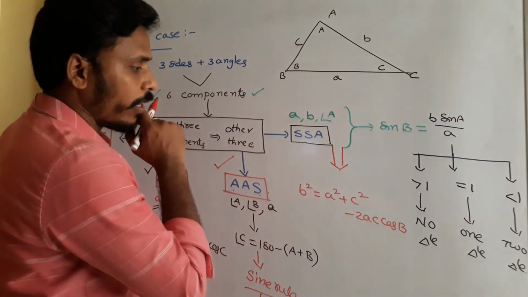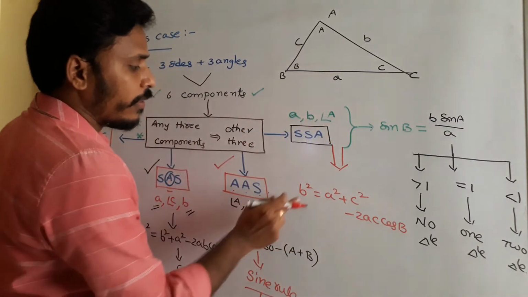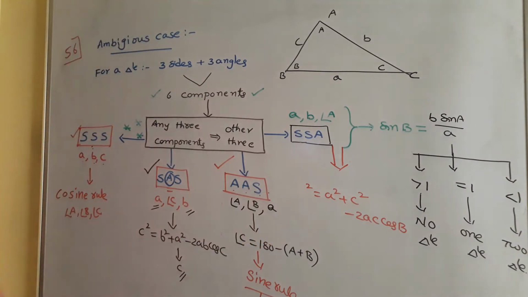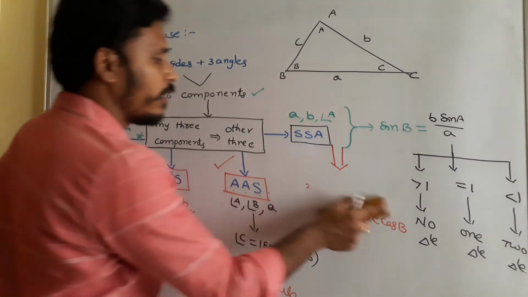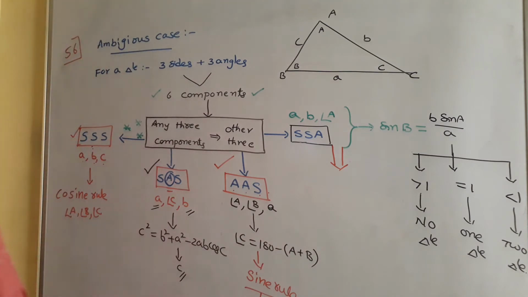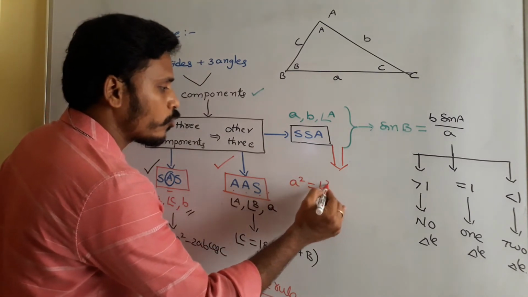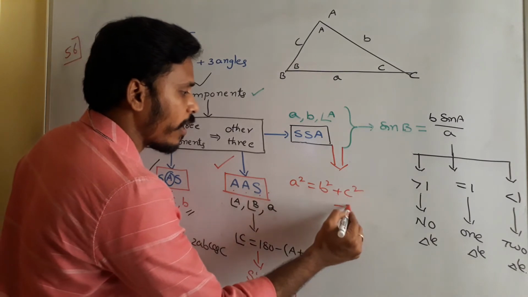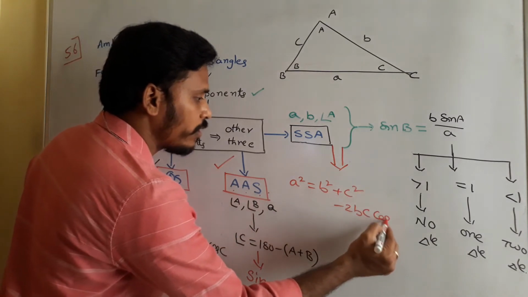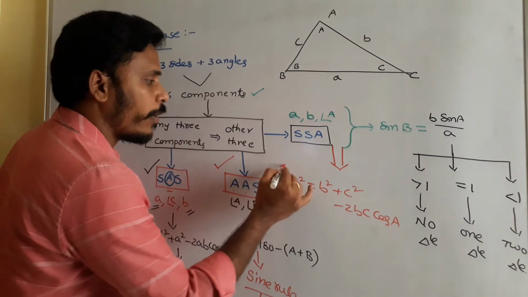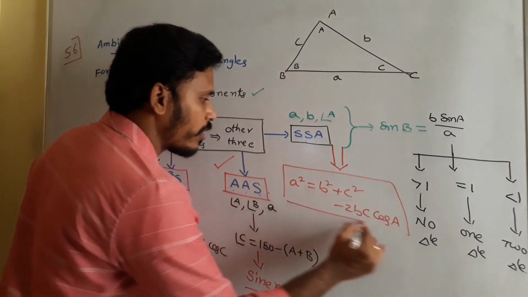But what I know is angle A, right? And that's why I will write A square again. You just think about it. In this case I have to make a quadratic in terms of C. A square is equal to B square plus C square minus 2BC cos A. Pay your attention to this particular statement.